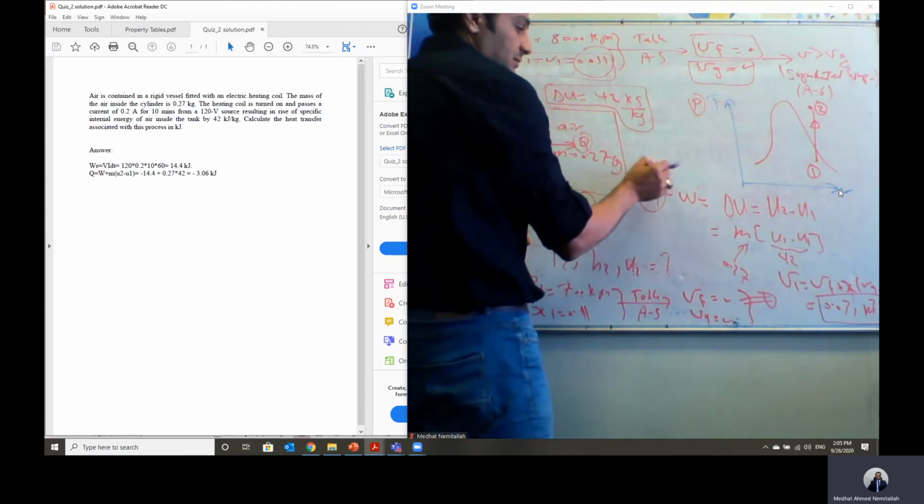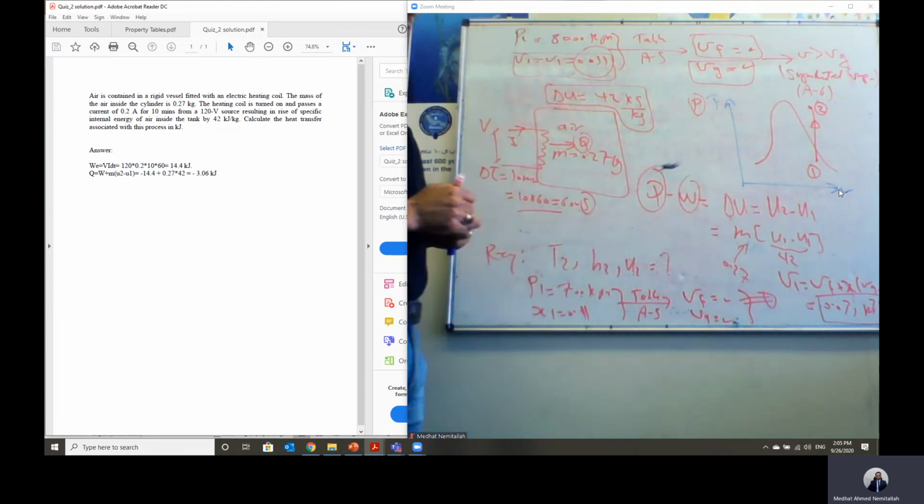We need to calculate the heat transfer, and here we also need to calculate the work. So what about the work in this case? This is electrical work.